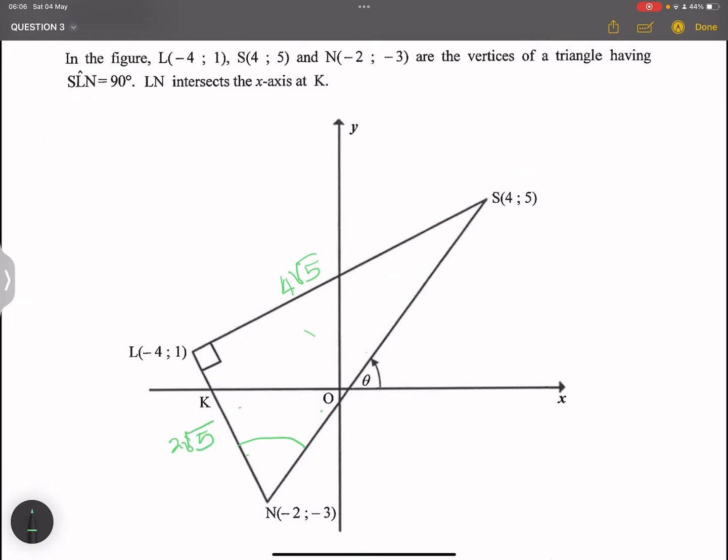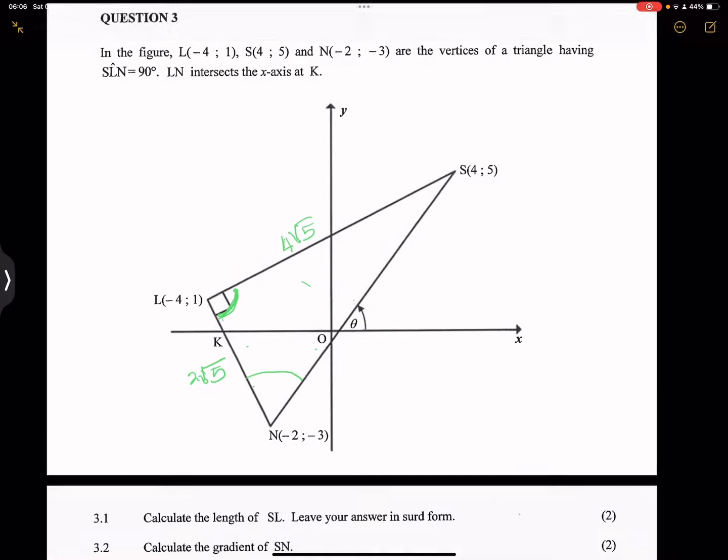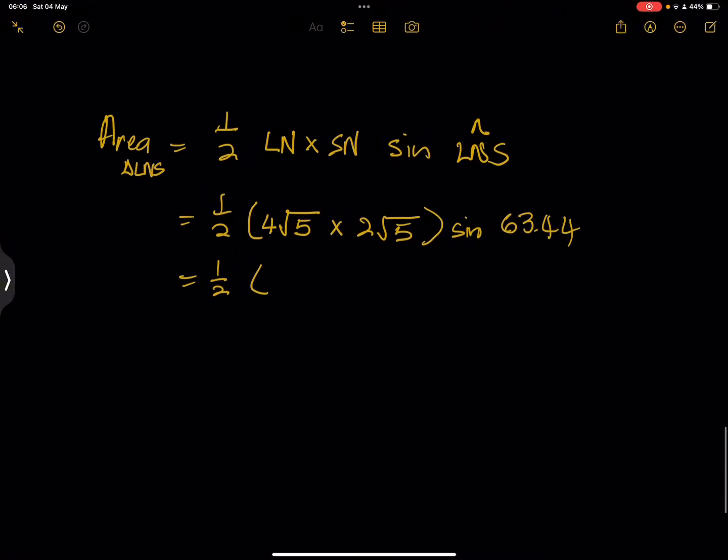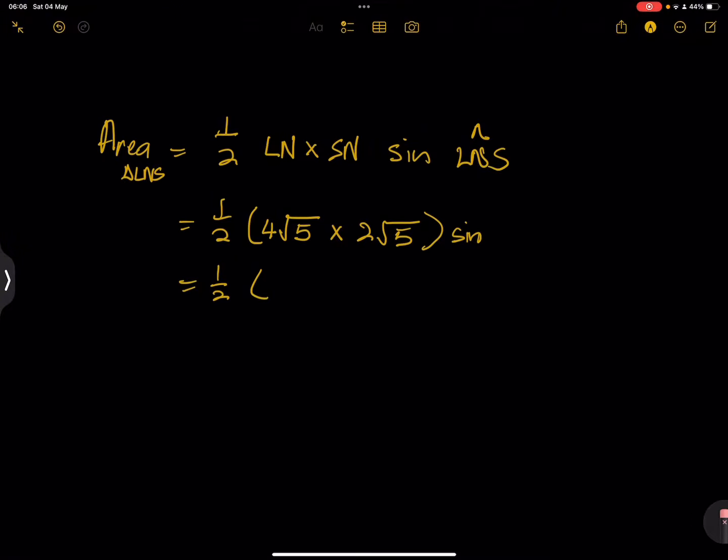Yeah, almost made the error there. Remember the angle in between them is the 90 degrees. And we know that the sine of 90 is 1. So we could have just used sine of 90 there. Yeah, sorry about that. So this is sine of 90.